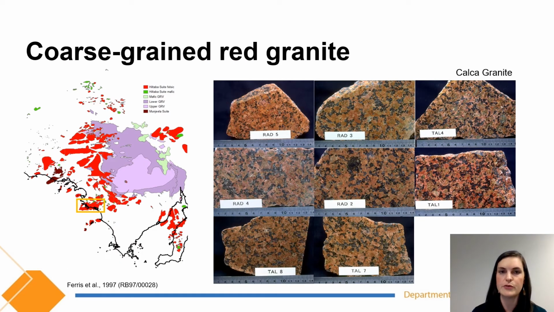The general view of granites, including the Hiltaba Suite, is that they're typically homogeneous. Some examples like this occur in the Hiltaba Suite, including the Gawler granite, which you can see here. This granite is coarse-grained and very homogeneous, and it has this typical Mesoproterozoic red colour, which is common in the Gawler Craton of South Australia.